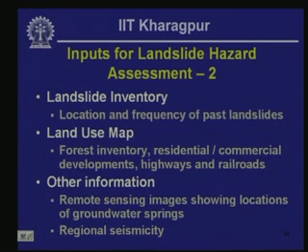We have to look at, in this respect, the forest cover in a given area, or whether a hill slope is open for residential or commercial developments, whether there are any highways or railroads constructed across the hill slope, and there is other necessary information, such as remote sensing images showing the location of groundwater springs and regional seismicity. So, these are the inputs that you need to consider for landslide hazard assessment.